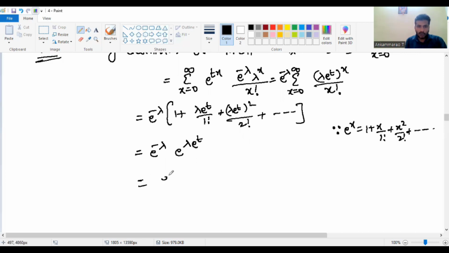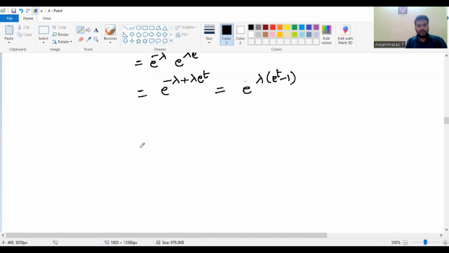The base is equal, so powers should be added: minus lambda plus lambda into e power t. Taking lambda common, we get e power lambda into e power t minus 1.